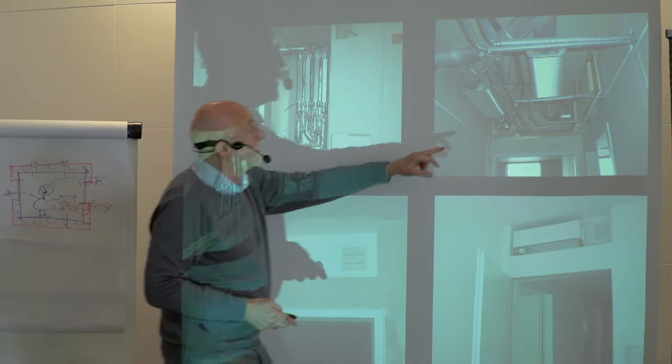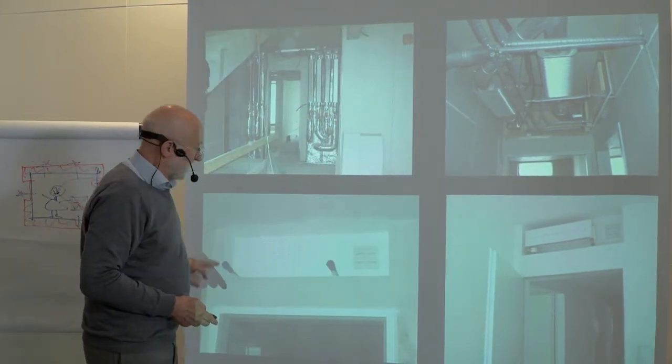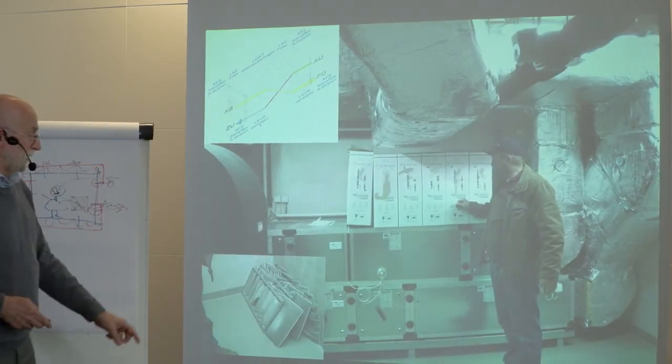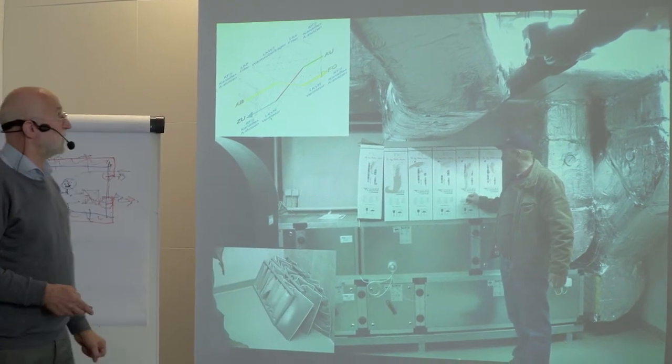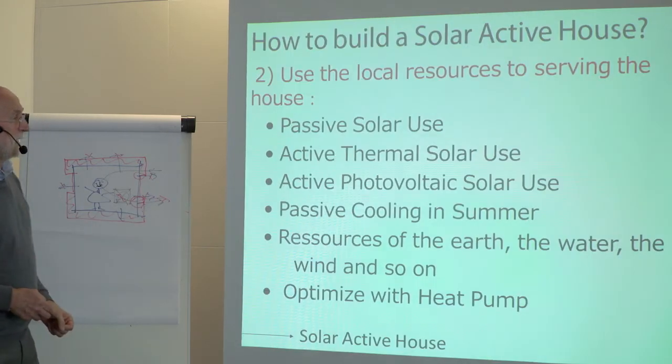The air comes out here, it's the air duct, and here the radiator is mounted. The filters, which of course have to be exchanged, are bringing in better air than outside.